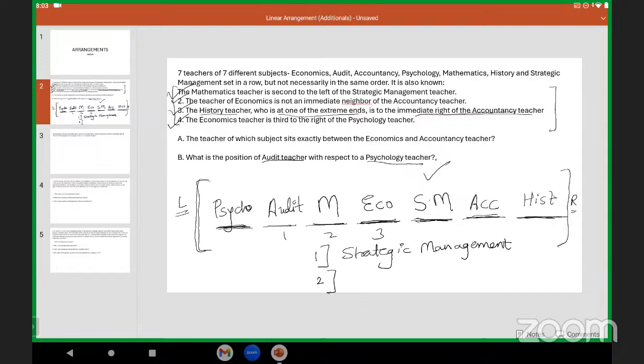So audit is over here, and with respect to psychology teacher, that will be immediate right. Immediate right. So we have solved the set.